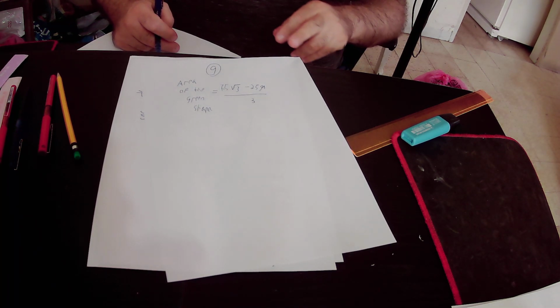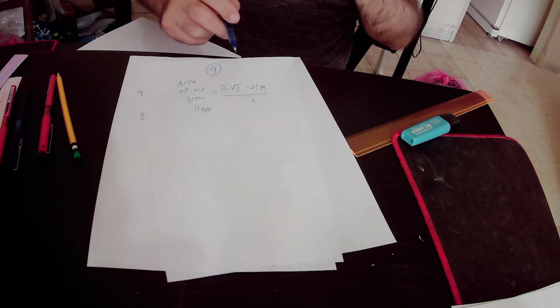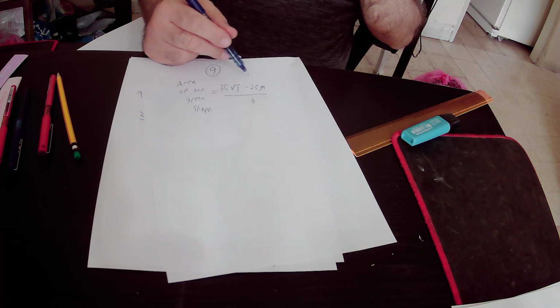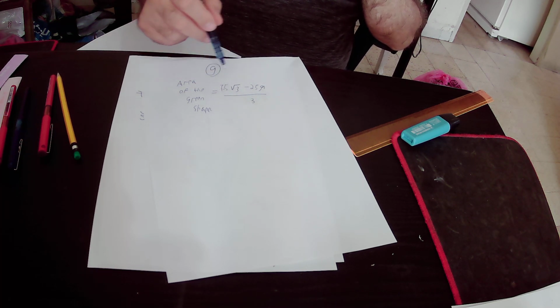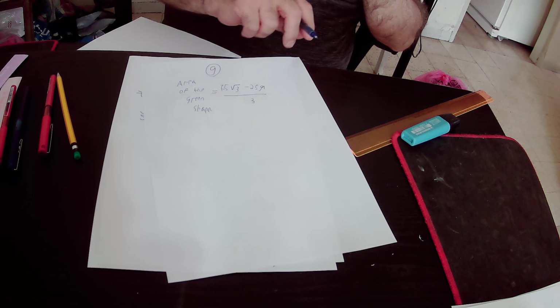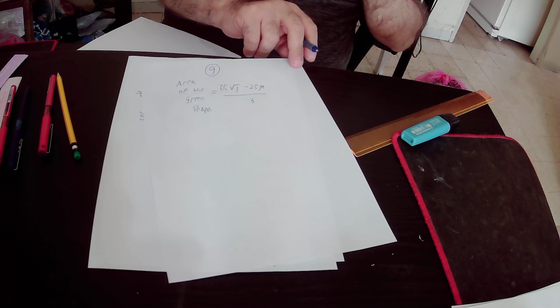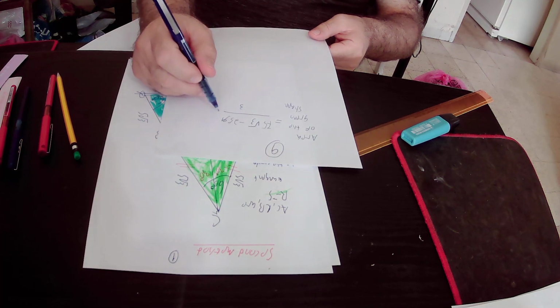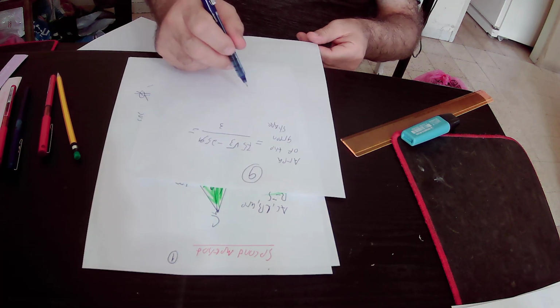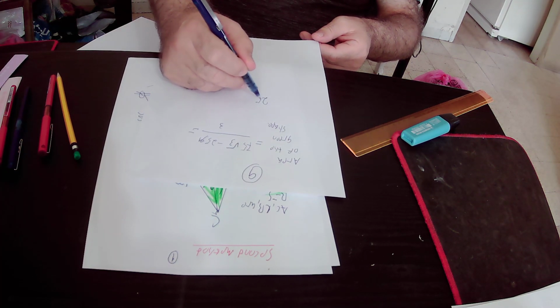So we divided the total area of the three shapes by 3, and in this way we got the area of the green shape. So this expression is the area of the green shape. We will simplify this expression, and we will get that 75 over 3 is 25.